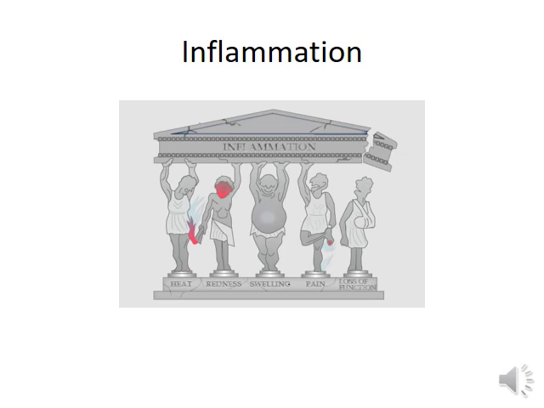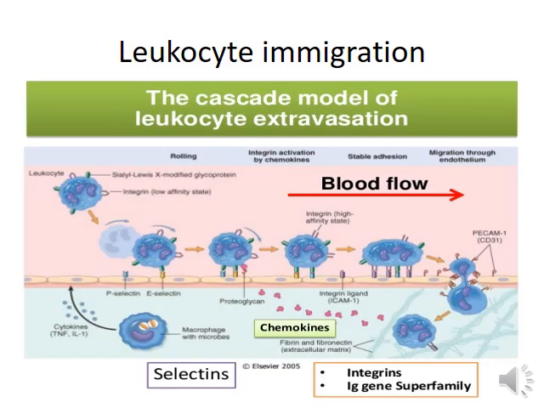Okay, in this slide, we see the different signs of inflammation: heat, redness, swelling, and pain. And second, we see the immigration of leukocytes. We see how a neutrophil or monocyte can immigrate to the inflamed tissue. At first, normally monocytes and neutrophils travel in the middle of the vessel, and when close to the source of the inflammation, they must get close to the endothelial cells of the vessels.